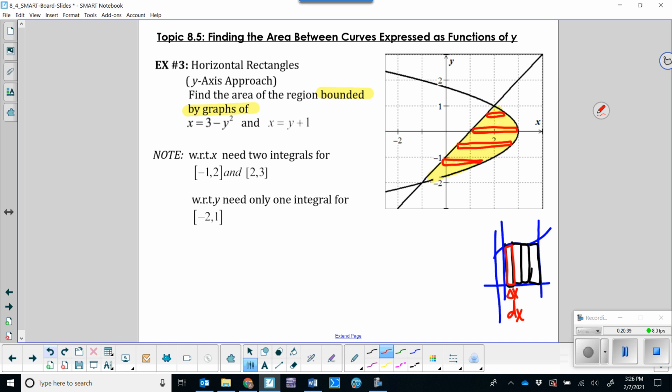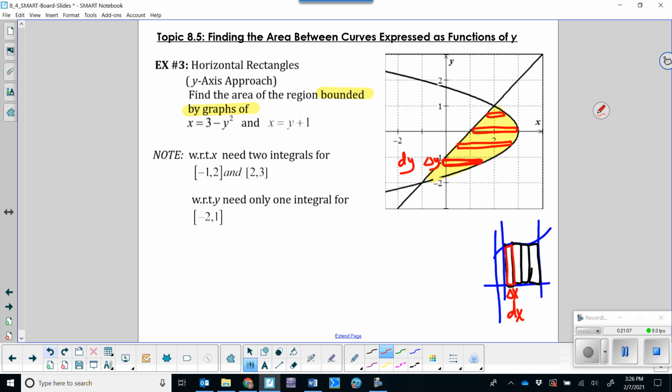If I draw my rectangles this direction, so they're horizontal, then that means the width of the rectangles is delta y, which means that this is going to become the dy, which means I want everything in the entire problem in terms of y. Okay? So this is that importance that I told you before about why we need to have the limits of integration and the dy has to be written and so on.